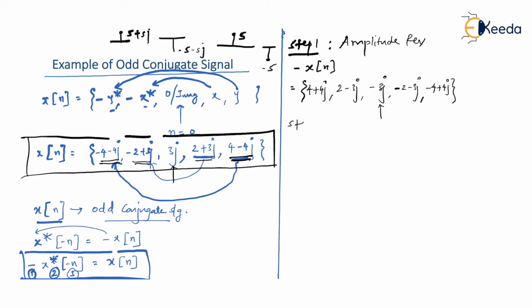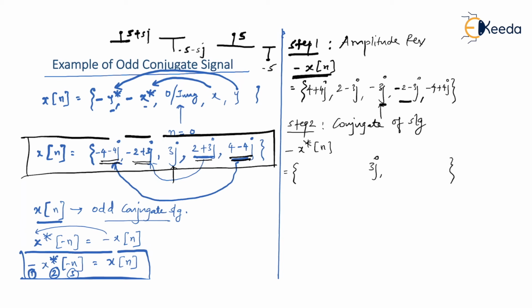In step number 2, we will have a complex conjugate. So now we will take the conjugate of the signal. Therefore, what we already had is minus of x of n. Now it will become minus of x conjugate of n. So let us start with the n equal to 0 position. What we had here, minus 3j, this will become 3j. Concentrate on this. This is minus 2 minus 3j.